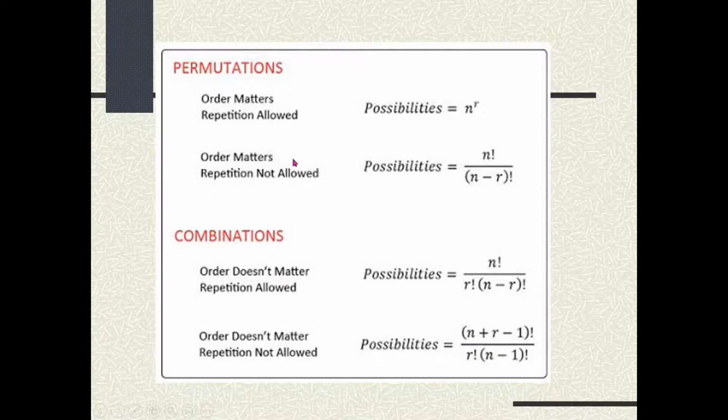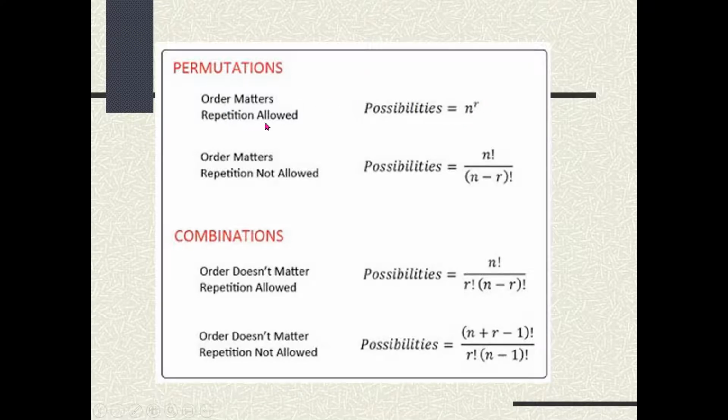Okay, so now if we have different types of scenarios, as we said, if order matters and repetition is allowed, then the possibilities are n raised to the power r. Remember that the formula nPr assumes that repetitions are not allowed. But if order matters and repetition is allowed, then you will not apply the formula of nPr, you will rather apply the formula of n raised to the power r, right?